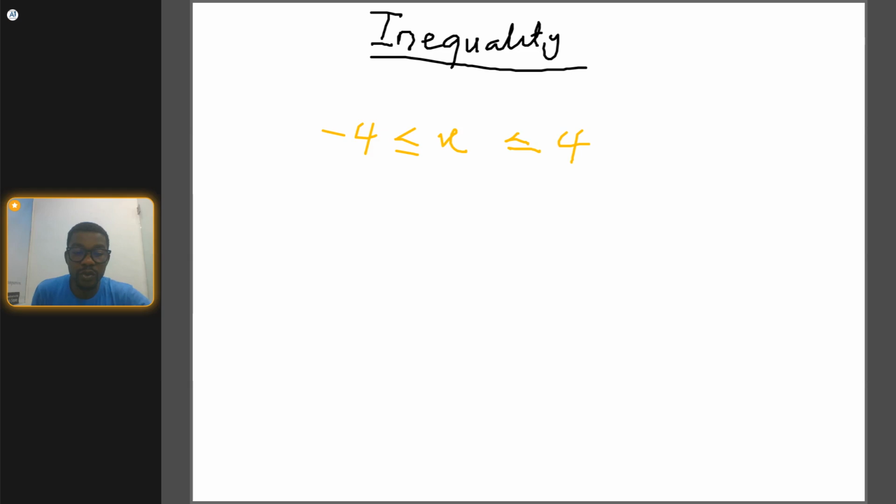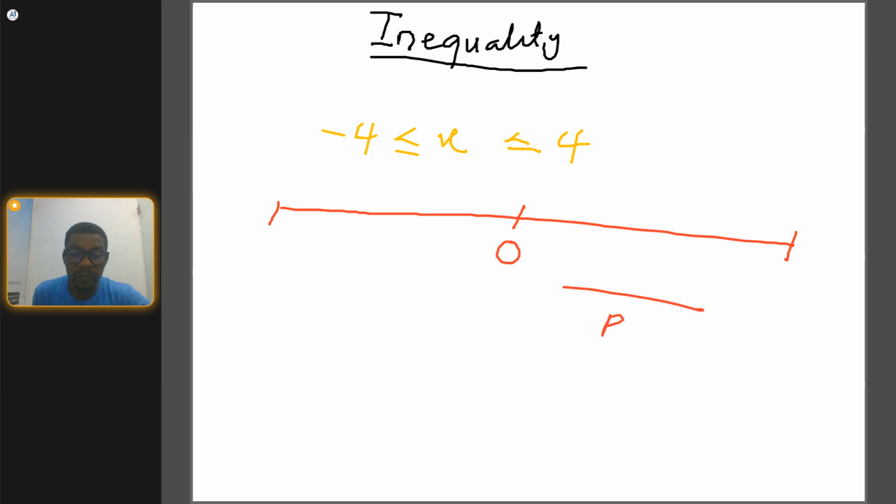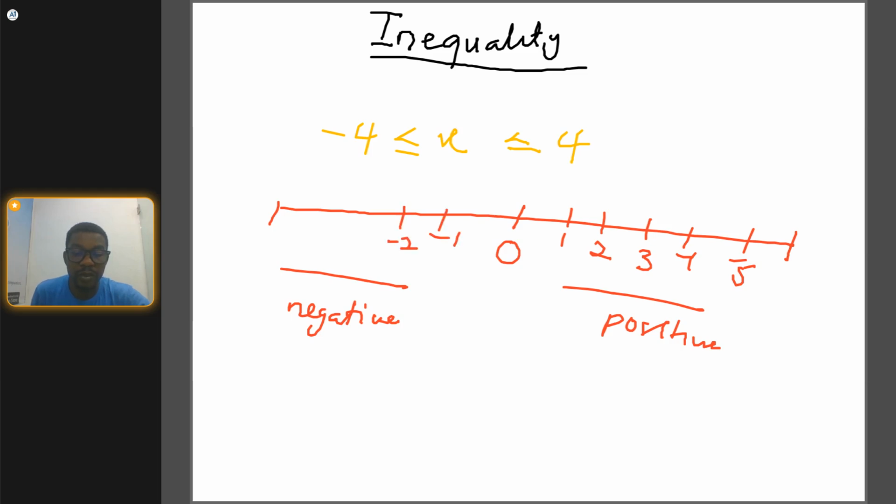What we need to do is to draw the number line, which we know from junior secondary school. We have the neutral, which is 0. Then this place is for the positive integers, while this place is for the negative integers. So we have 1, 2, 3, 4, 5 here, and here we have -1, -2, -3, -4, let's say probably -5.